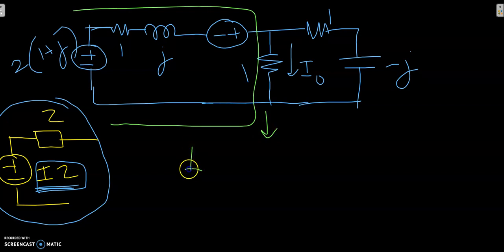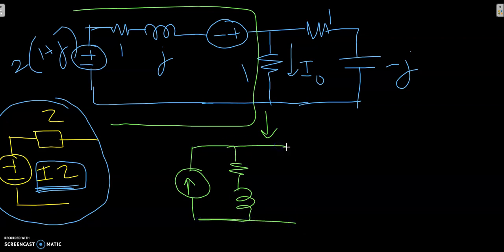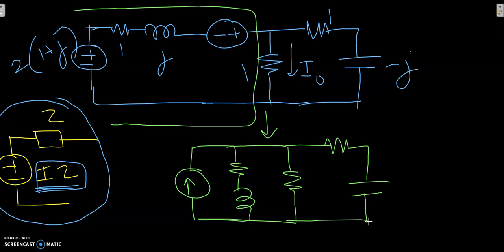There would be a current source and impedance here, and the rest of the circuit would remain the same. So this is minus j, this is 1, this is 1, this is 1, and this is j, and this is now 6.